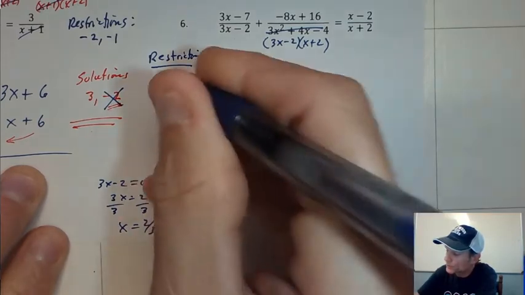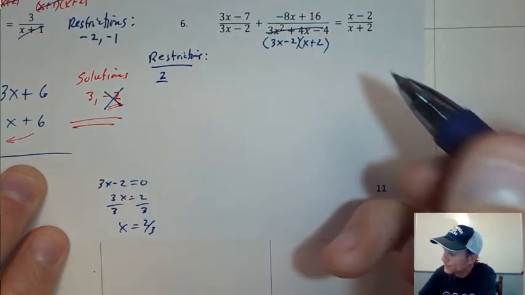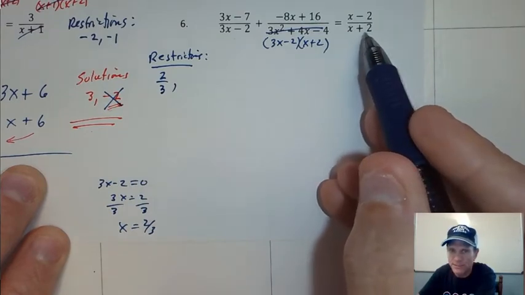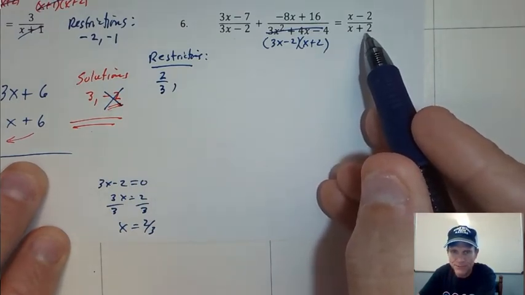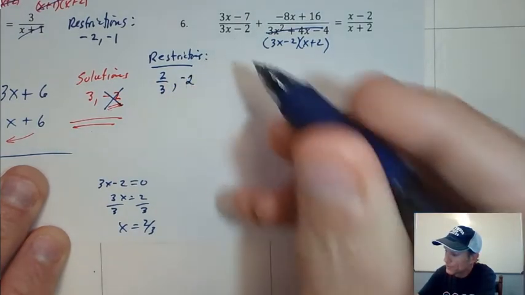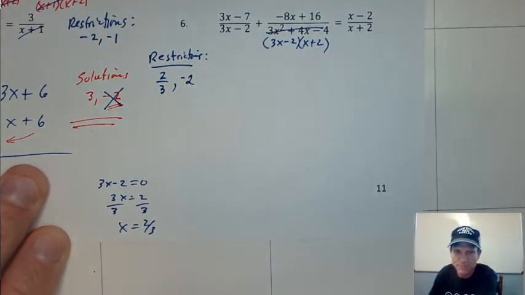That's one of the restrictions, 2/3. The other restriction is what would make this 0. A -2 would make it 0. So there are my two restrictions to this problem.